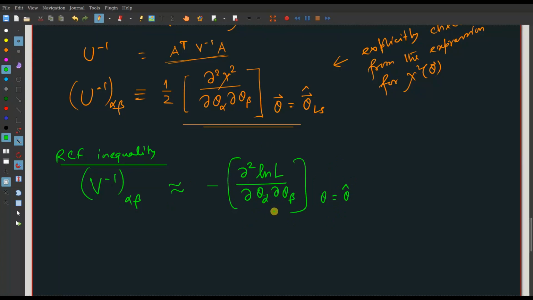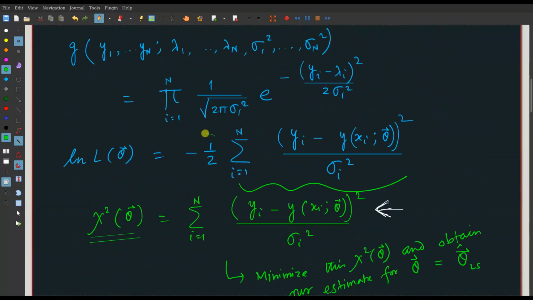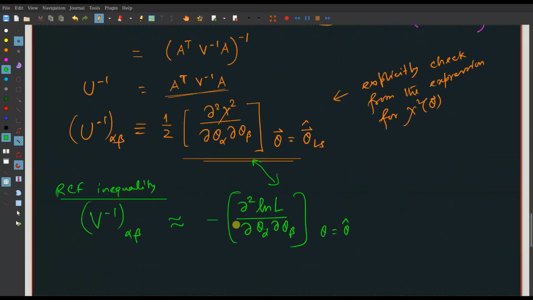Okay. Now you compare these two, and you notice that these two are the same equations, because log likelihood is basically minus half chi square. If you see here, log likelihood is minus half times the chi square function. And so if I say this, then I basically mean this as well.